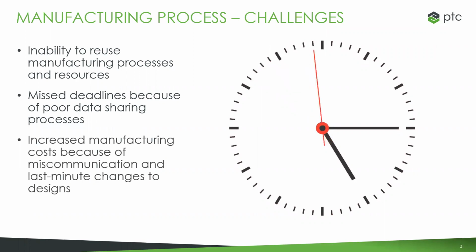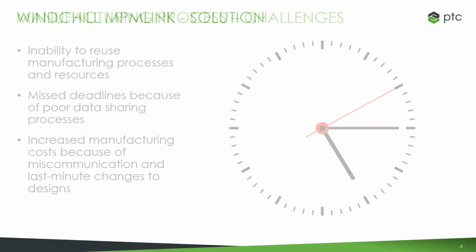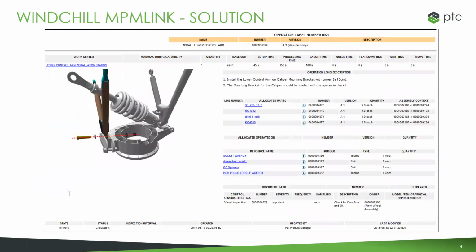Ultimately, this miscommunication, this disconnect means big increase in manufacturing costs, slower time to market, and unfortunately, sometimes it even means dissatisfied customers. The solution that PTC has to these challenges is Windchill MPM Link. So this allows you to create and manage all of your manufacturing specific data and processes in parallel to the design data in Windchill.